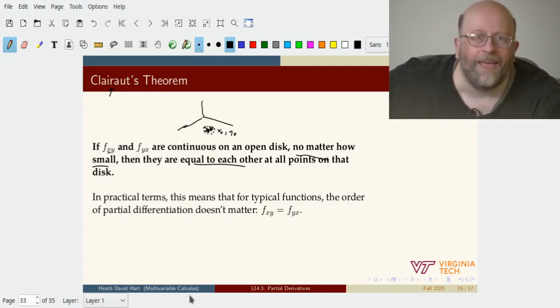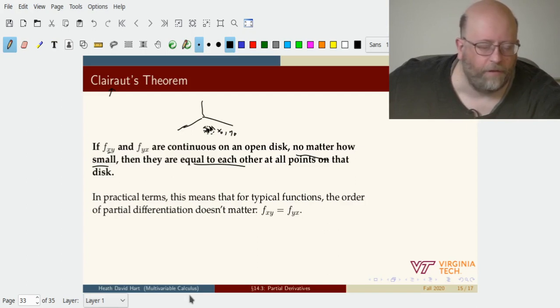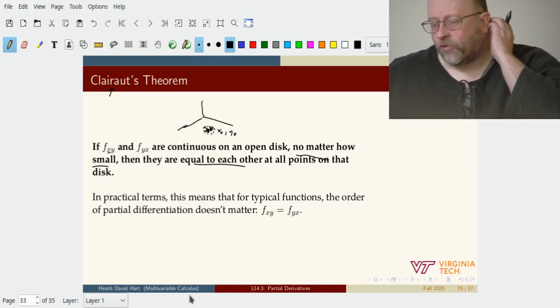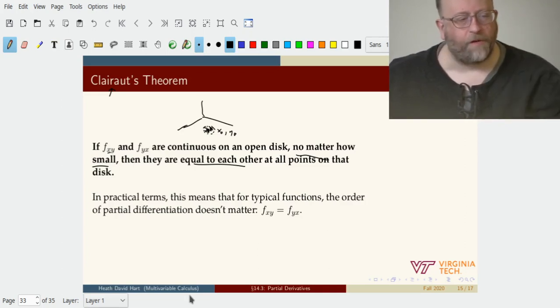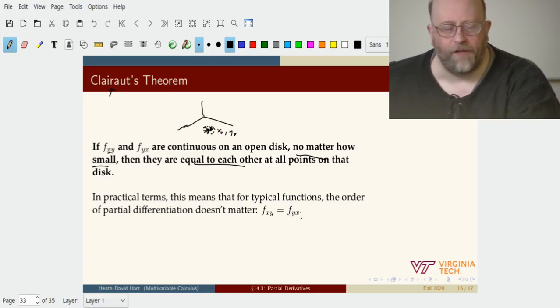Well, in practical terms, almost every function that an engineer would ever work with behaves this way. All of the functions we covered in single variable calculus, sines, cosines, trig functions, inverse trig functions, exponential functions, logarithms, roots. In practical terms, it means that really the order doesn't matter. We can just treat fxy and fyx to be the same.